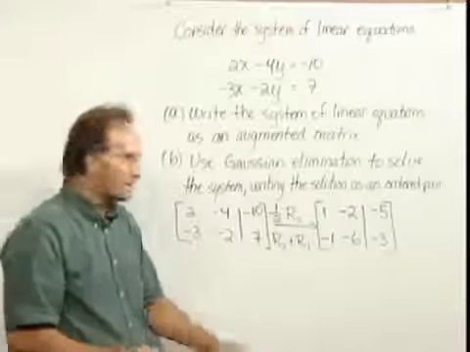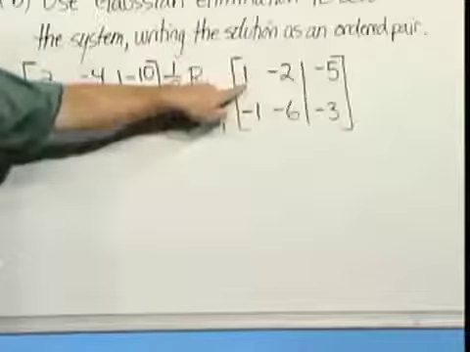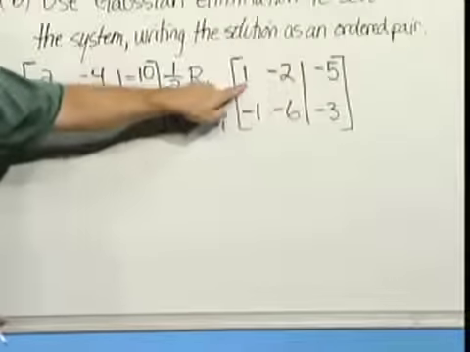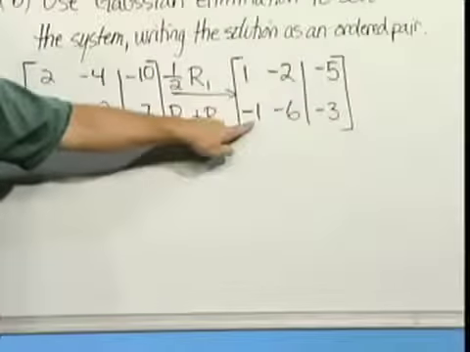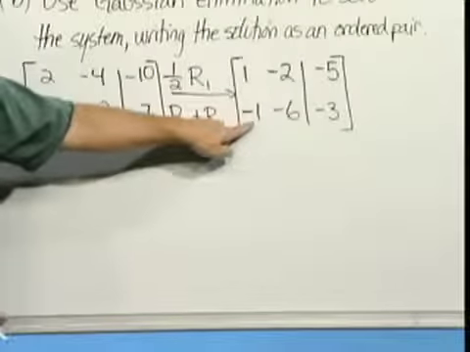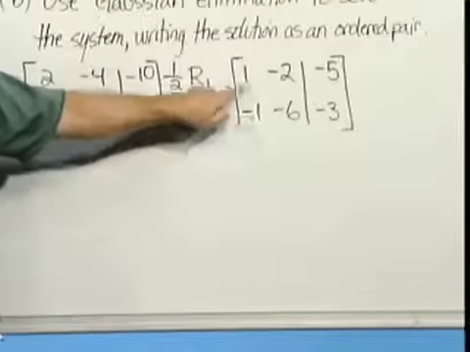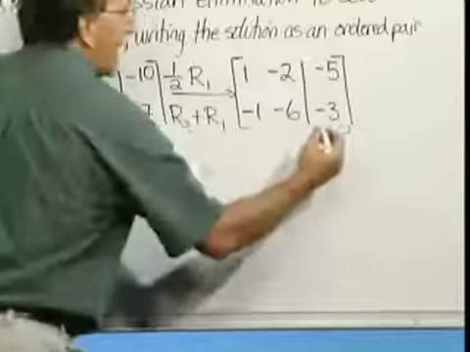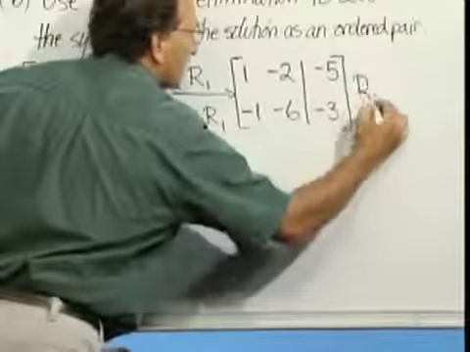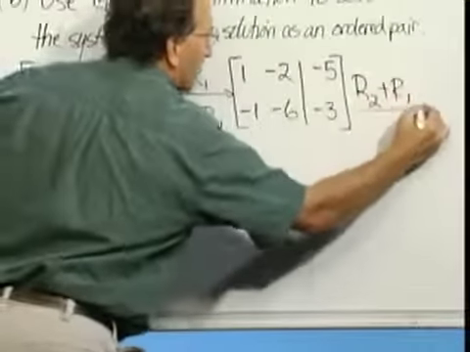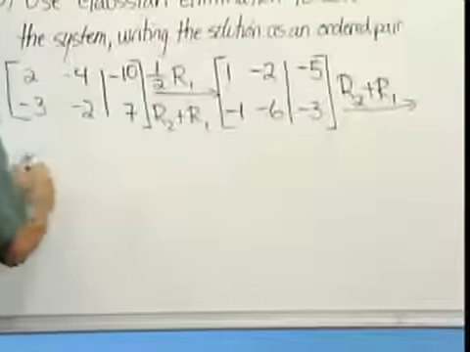Now what we're interested in, remember, is getting a 1 in this position, which we've done. Next, we would like to have a 0 in this position, which we can accomplish by adding row 2 plus row 1. So let's do that next. However, the result I'm going to write here.